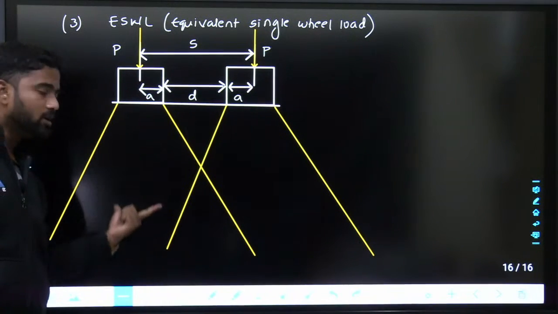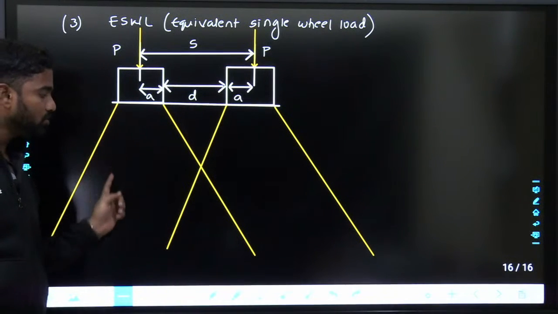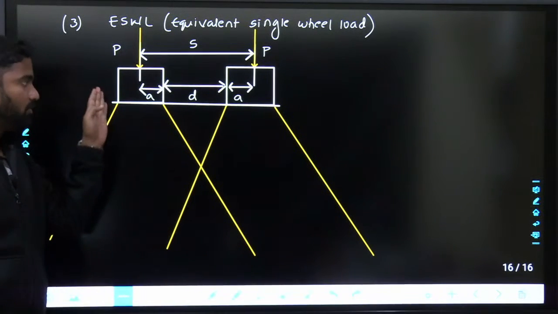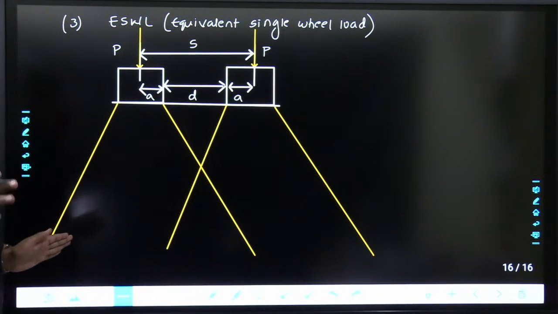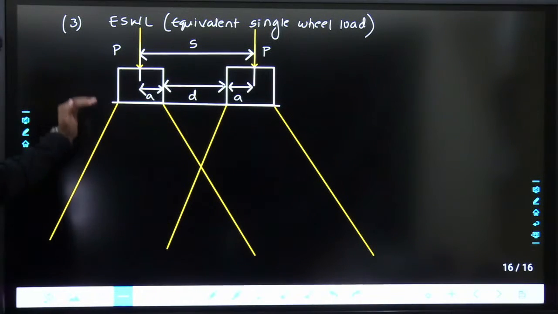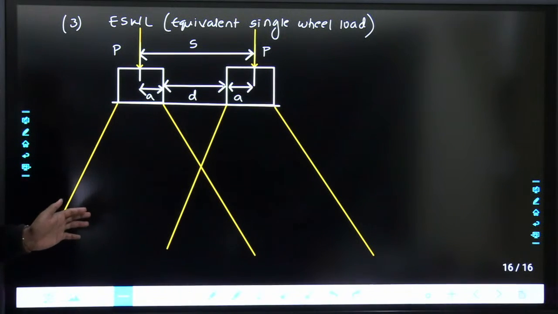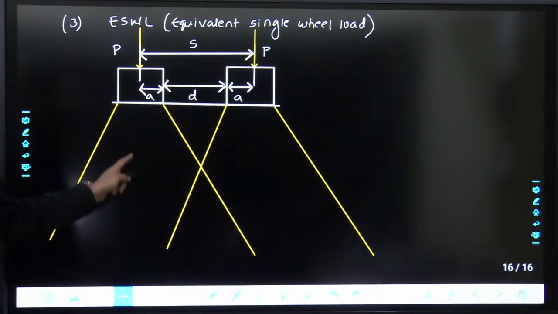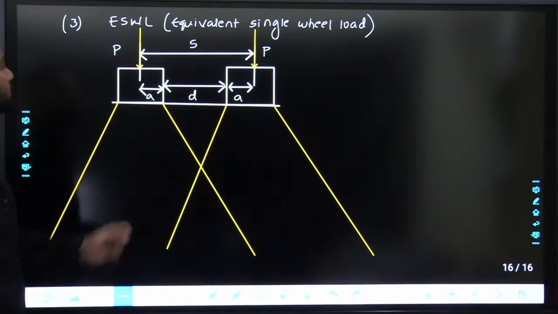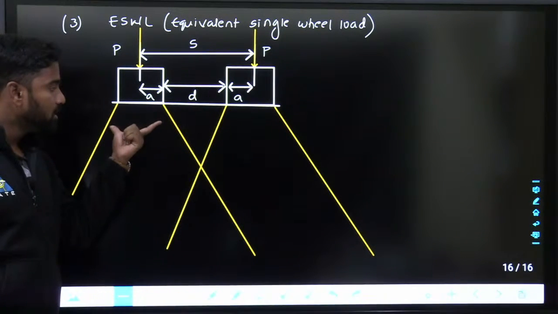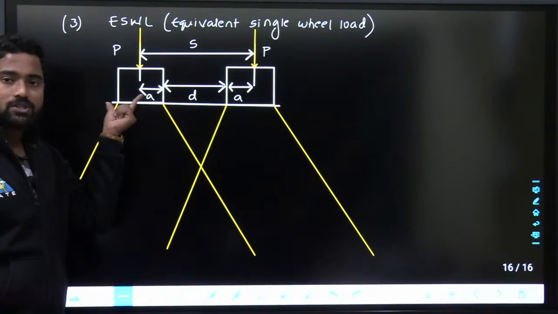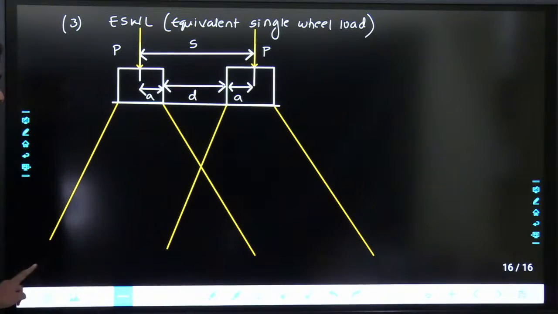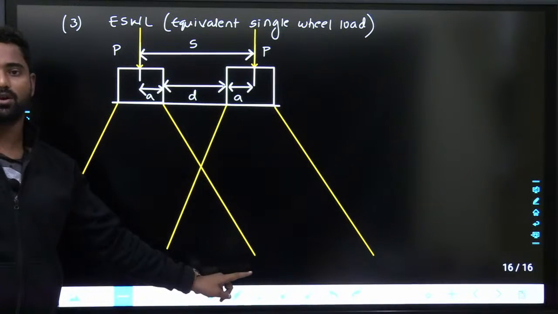This is load distribution. When depth is increasing, the area of exposure is more and stress will be reduced, whereas area of exposure will be increased when you are going downwards. So this shows the variation of the load, or load will be shared by this much area only over here, whereas this P is shared by this much area at this location.